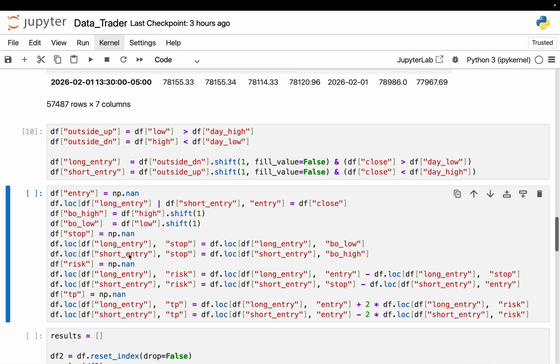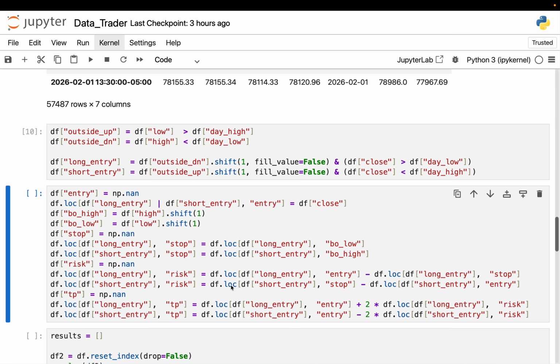For short entries, it's the breakout candle high. Then risk is simply the entry minus the stop. And TP is simply the entry plus 2 times the risk, as defined in the beginning. So at this point, every entry candle has entry, stop, TP fully defined.